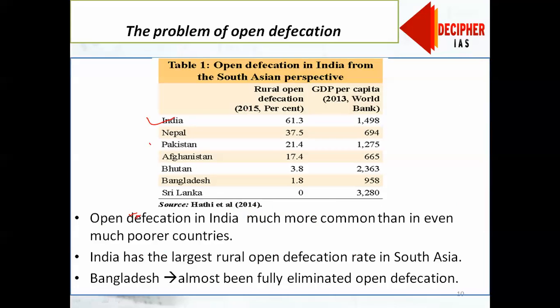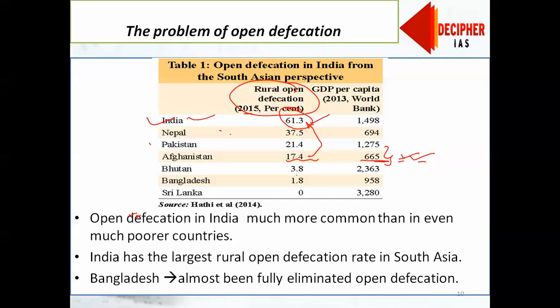In rural India, this is the 2015 data, we see 61% of the total population defecates in the open. So it is much more common in India than even in much poorer countries. Suppose Afghanistan, see here, only 17% defecate in the open, though they have much less PPP GDP as compared to us.